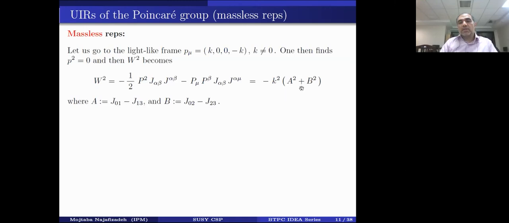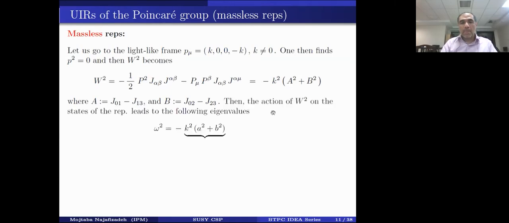And Weinberg says that the eigenvalues of these two operators, A and B, should be 0. If we call the eigenvalues of the A and B operators A small and B small, then omega square, which is the eigenvalue of W square, becomes minus mu square. I call this mu square, where A and B or mu are continuous parameters.